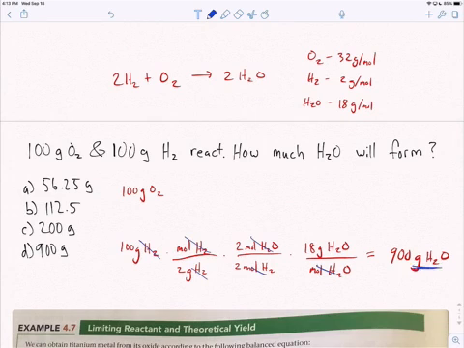Okay, so how's that a 1-to-1 ratio? 2-to-2 is the same thing as 1-to-1. So could it be mole H2 over mole H2? 2 moles of H2 over 2 moles of H2. But it's not, it's mole H2O over mole H2. They simplify.